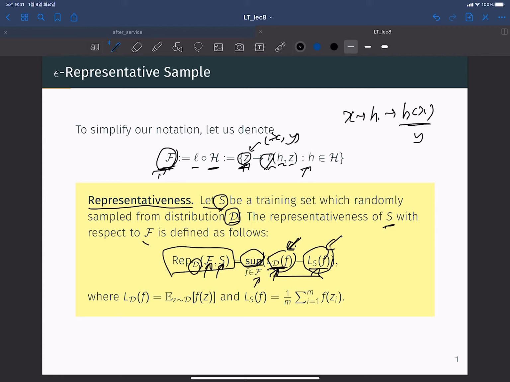In general, the training error is smaller than the test error because we fit our function with respect to the training data points. We usually fit more accurately to the training data. So the test error is usually higher than the training error, but that is for the case where f comes from the ERM rule, empirical risk minimization.